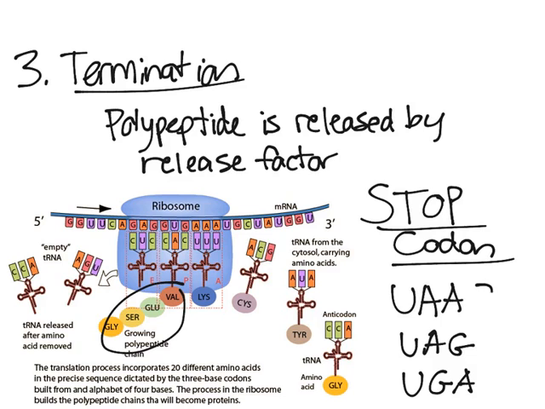And these codons, they do not code for an amino acid, so no amino acid. And then eventually the ribosome releases the mRNA and then dissociates into two subunits. And then the mRNA can be used and read by another ribosome.